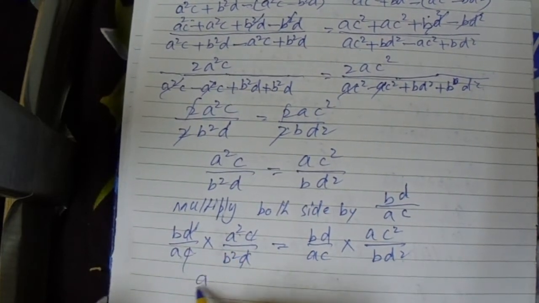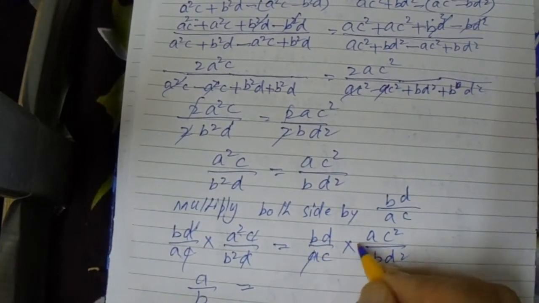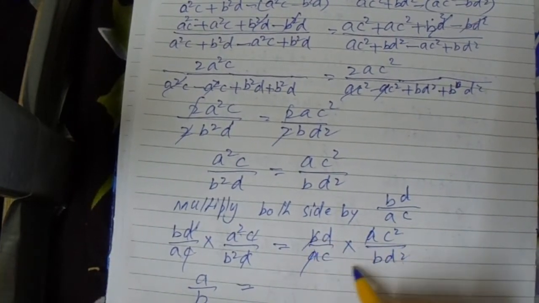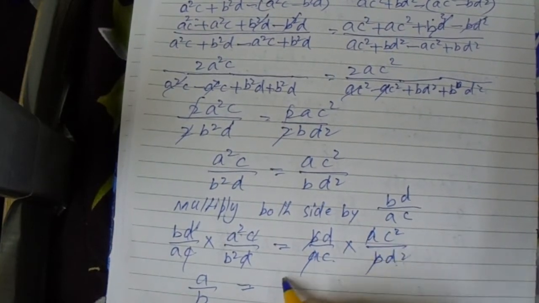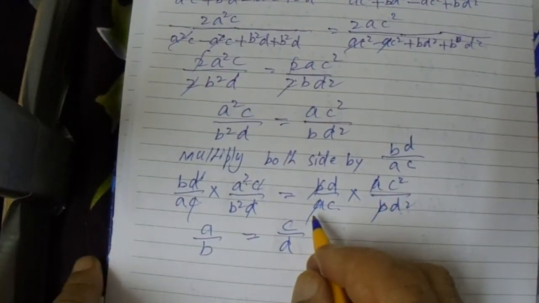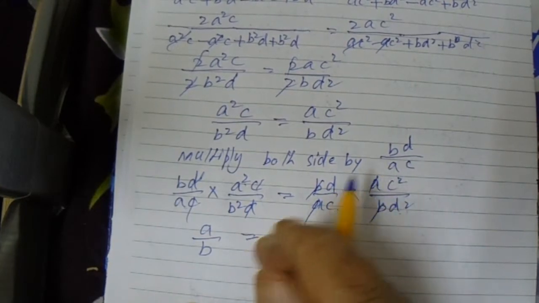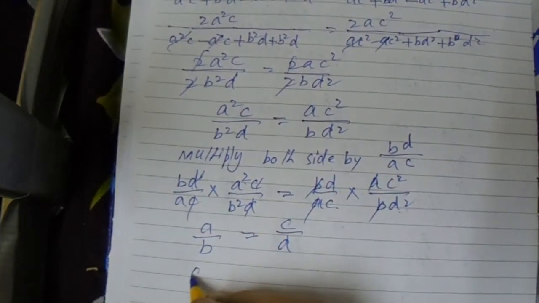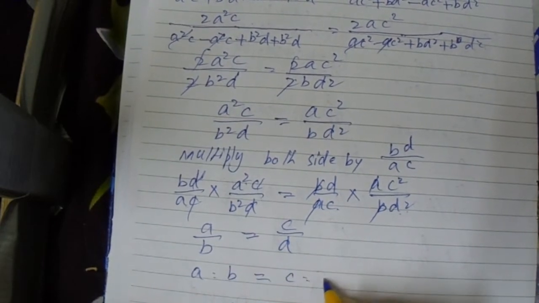We write here A over B is equal to, this A will cancel and B this cancel. We have D single cancel this and C this, or we have C over D. Now this is written in fraction form. We write it in ratio form. A ratio B is equal to C ratio D. Now proved.